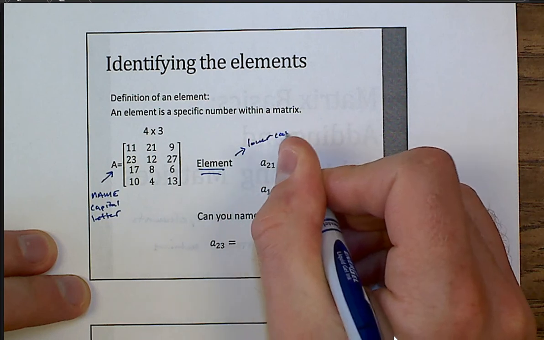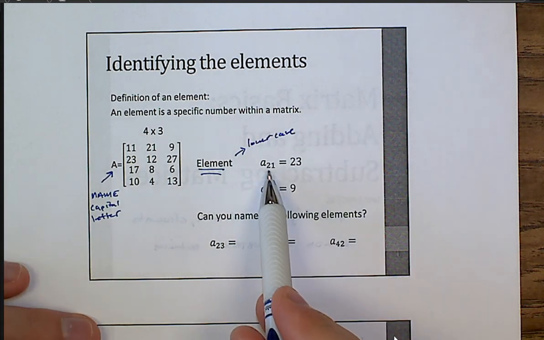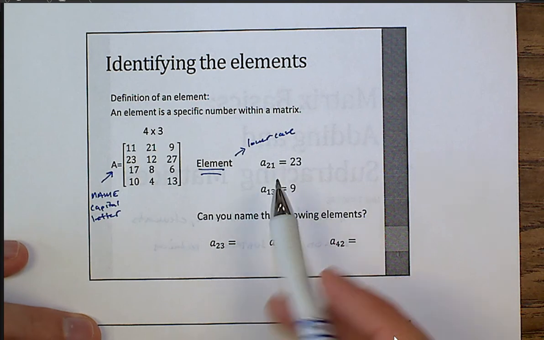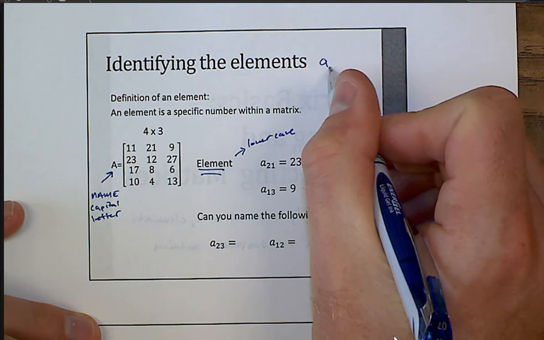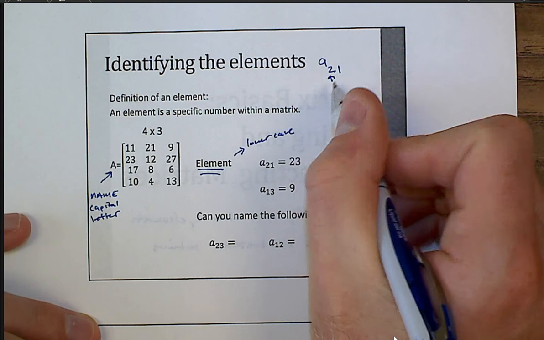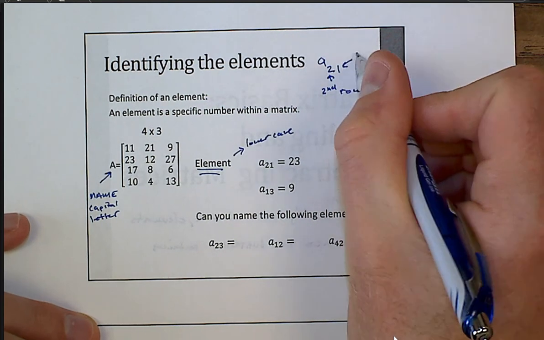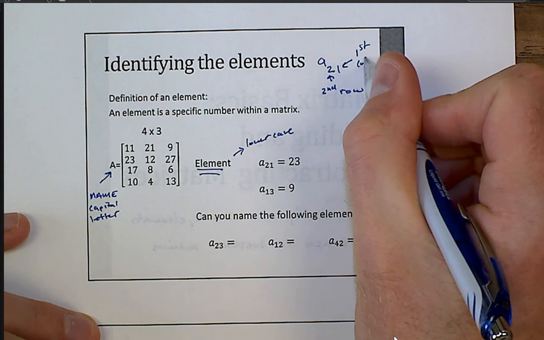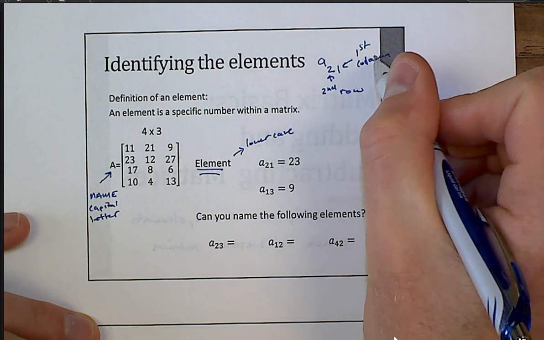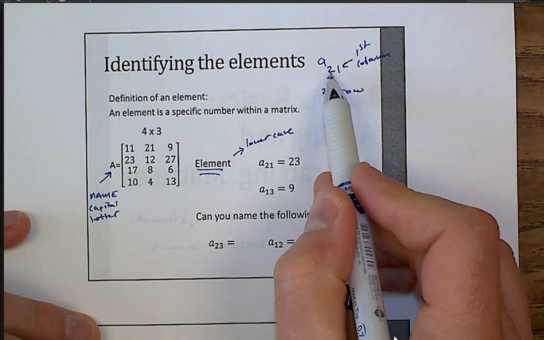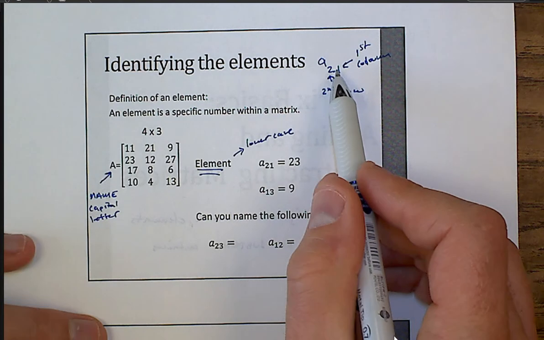And so you can see here, it says A sub 21. Now what this A sub 21 means, I'll do it right here. That means second row, first column. Okay? So the 21 is not really a 21, it's 2 and then 1.